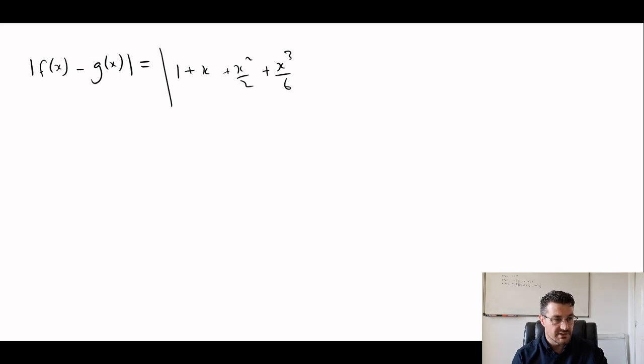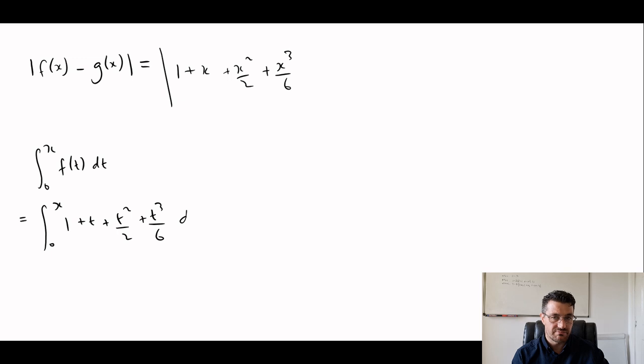And okay, so as a little aside, I need to do the integral from 0 to x of f of t dt. Okay, so this is equal to the integral from 0 to x of 1 plus t squared over 2 plus t cubed over 6.